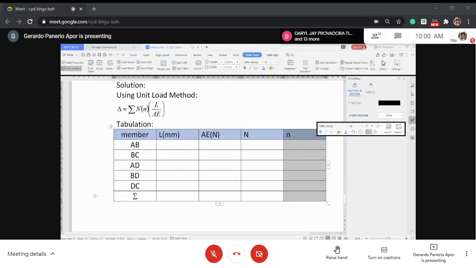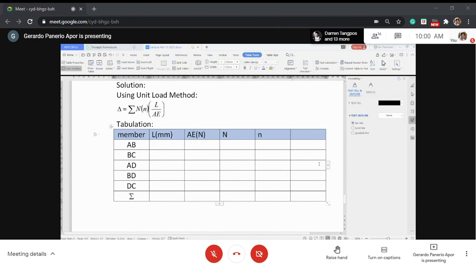Insert columns to the right. This is for N times small n times L divided by AE. So you can have this for AB, you can have this for BC, you can have it for ED, BD, and DC.